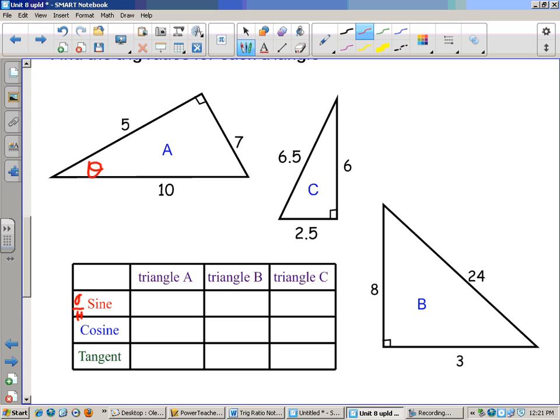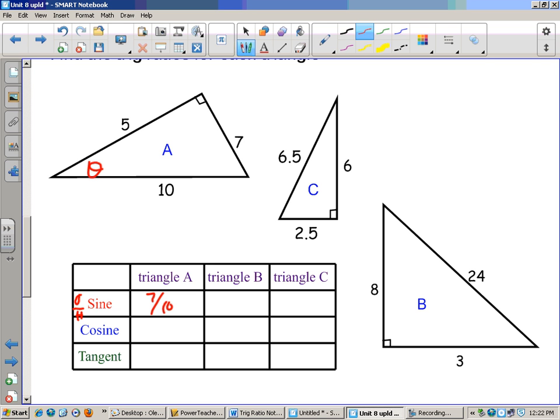All right, so if it's opposite over hypotenuse, what's opposite of this angle? 7, and what's the hypotenuse? 10. Good. All right, what's the cosine? Bryn? First of all, what's the ratio of cosine? S-O-H-C-A-H.